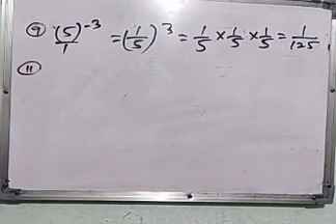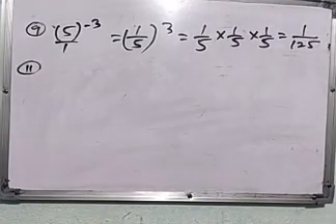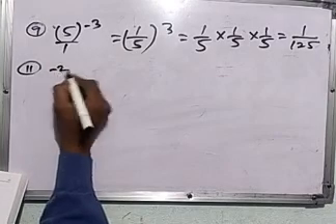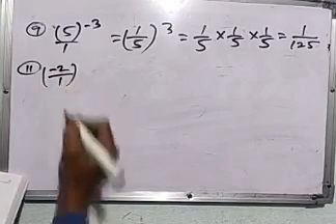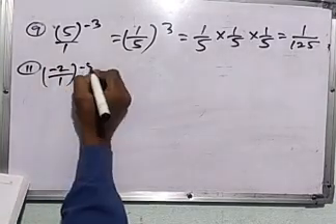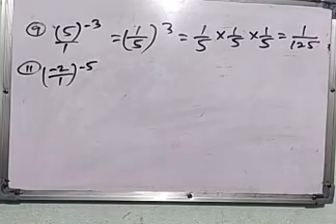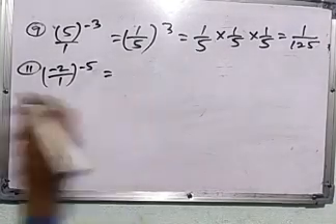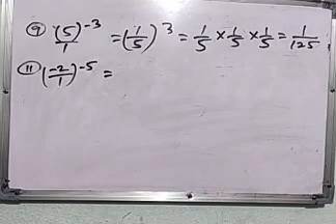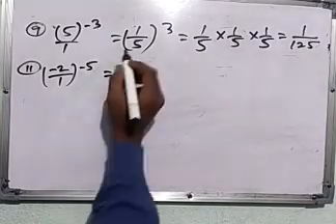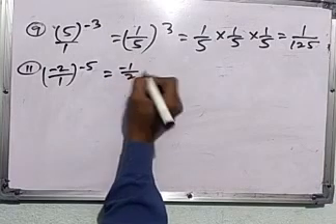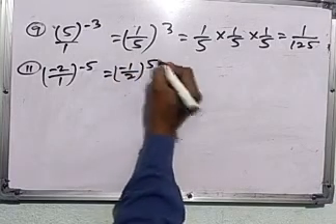Now your second question, you write minus 2 by 1 power minus 5. So first you convert the exponent to positive form. If you convert to positive form, you write minus 1 by 2 power 5.